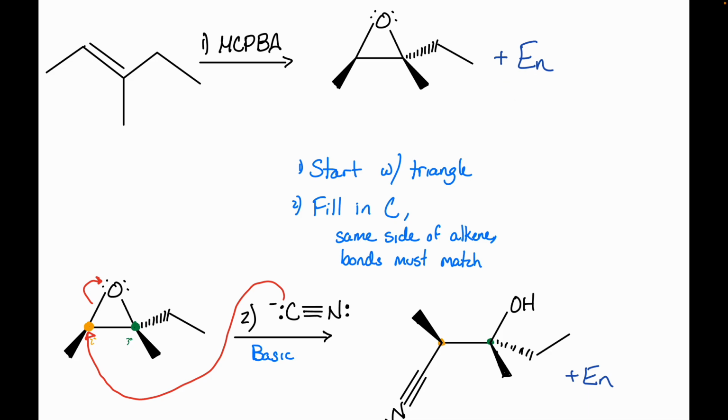Cool. The last thing is if we instead started out with a ringed structure, there's an even more convenient way to draw our products here. So let's say we started out with cyclohexene. For the sake of fun, we'll do our other synthesis of epoxide method here.